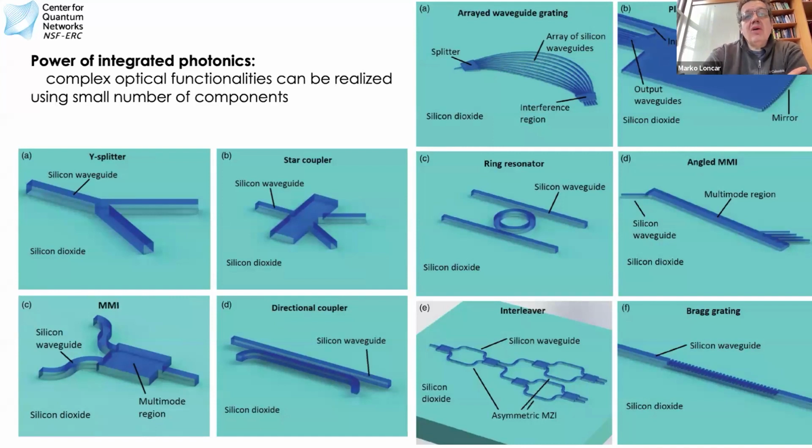So I will spend a lot of time talking about waveguides. As I mentioned, we'll take a somewhat pedagogical approach, and hopefully it's of interest to many of you. And then we'll show some examples, without going into details of how these devices are fabricated.